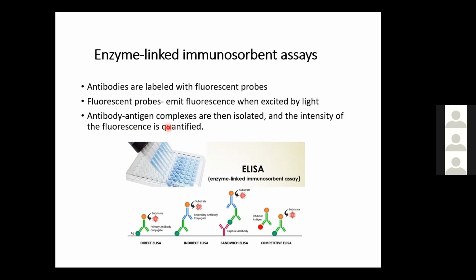Yeah, so direct ELISAs are the most commonly done. If you take your particular sample, we add the analyte, whether it's serum or something else. In a direct ELISA, you just need to make sure that it's protein coated.